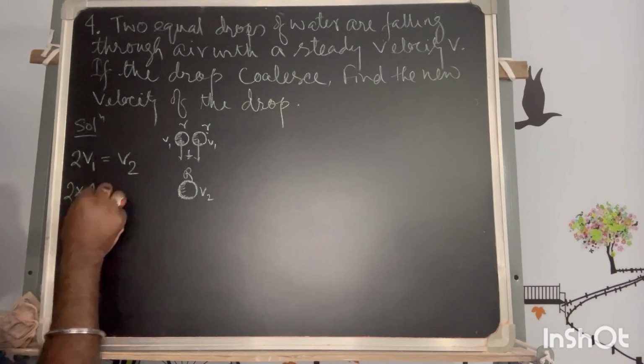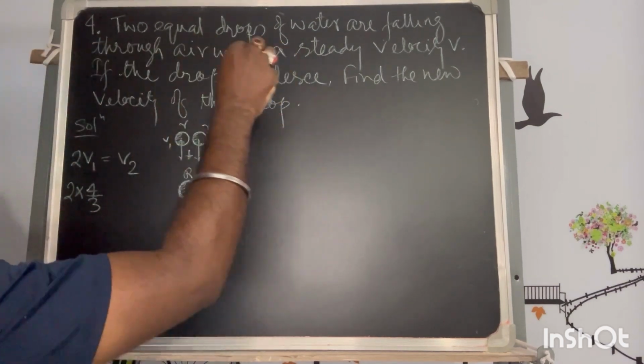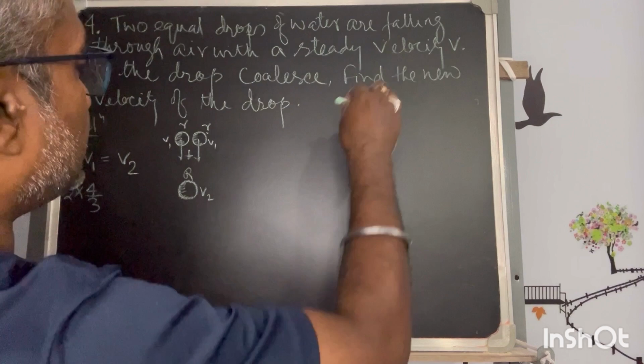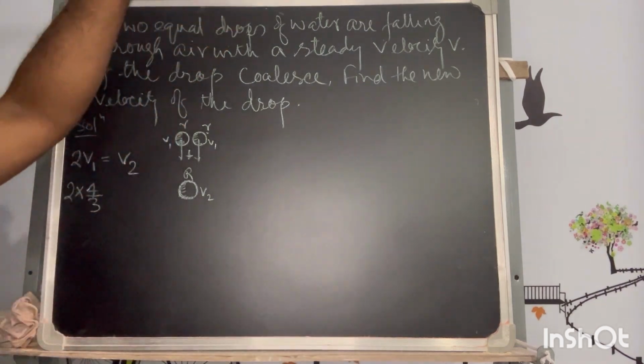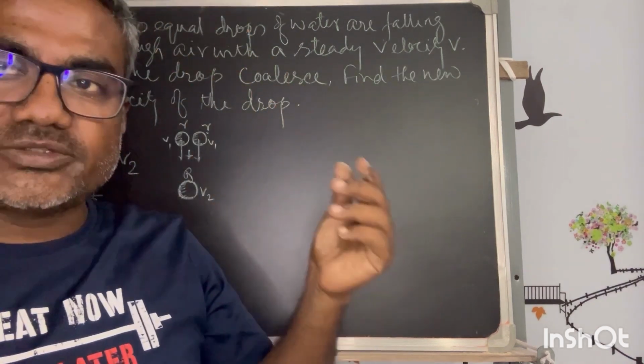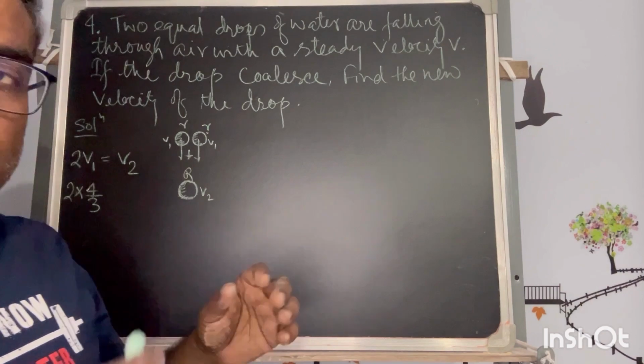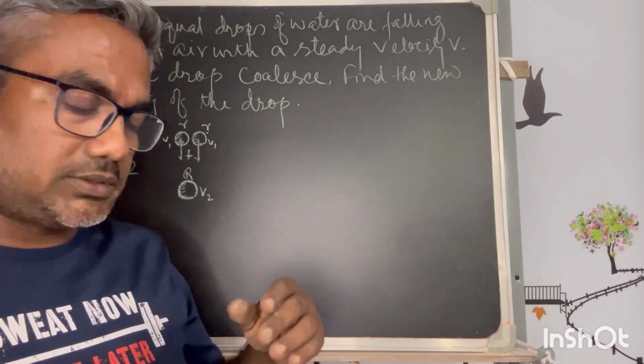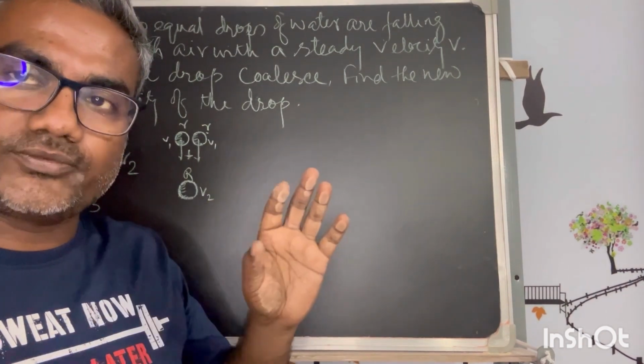So 2 into 4/3 pi r cube, because these are spherical in shape. When water drops come through the air, they make a spherical shape due to surface tension and the friction force due to the air.